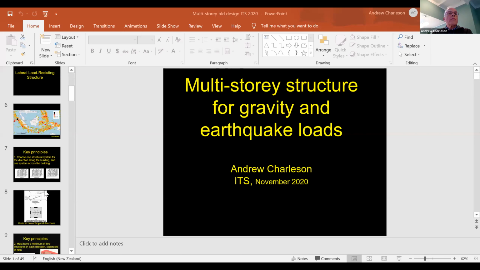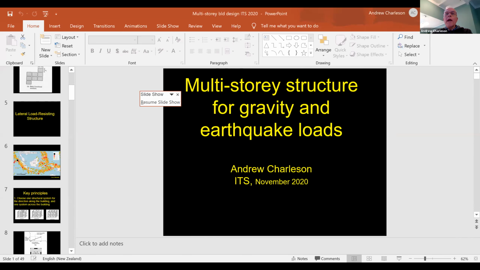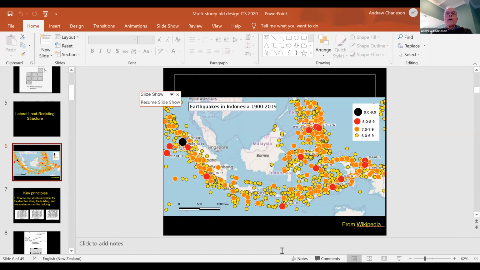If we look at the earthquake map of Kalimantan, you see it has very small earthquakes. So for Kalimantan, I think the hazard factor would be like 0.1. Quite low, because there's very little earthquake activity in Kalimantan.